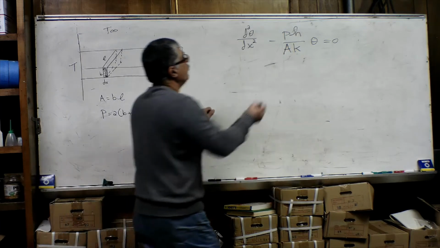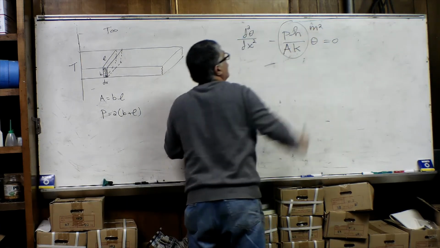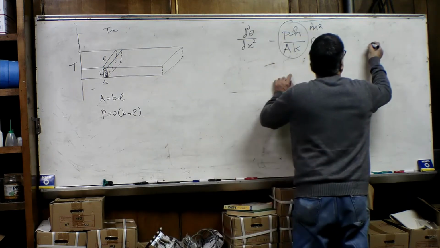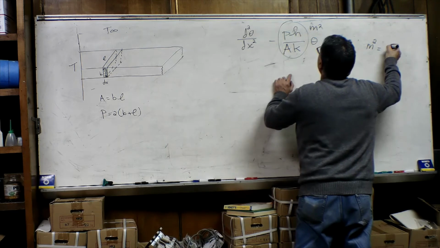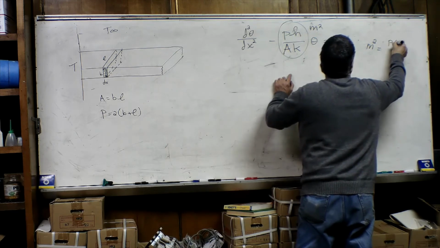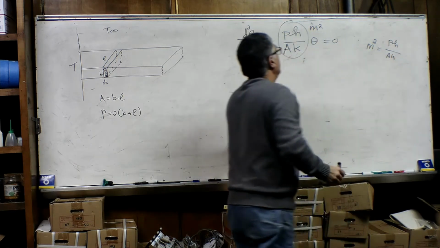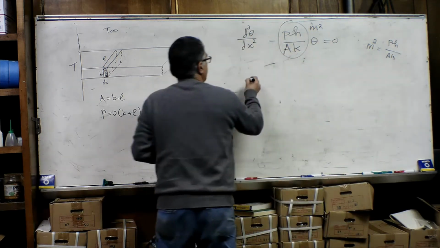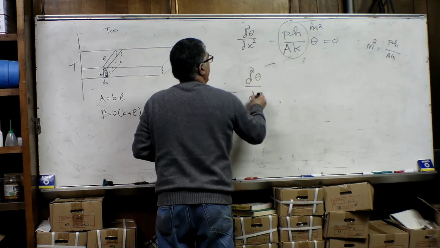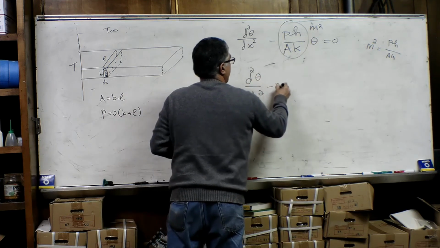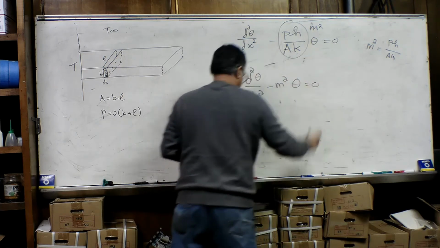If we assume that m squared is equal to pH over AK, then we can write this equation as d squared theta over dx squared minus m squared theta equal to 0.